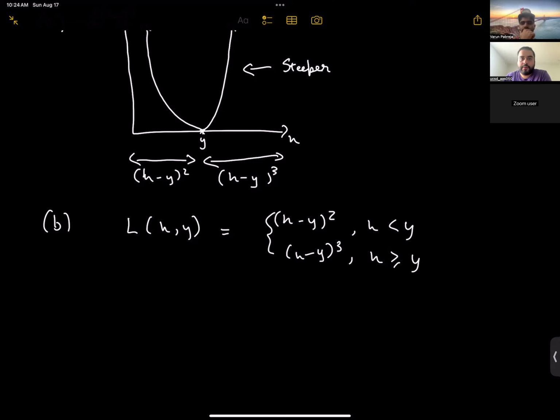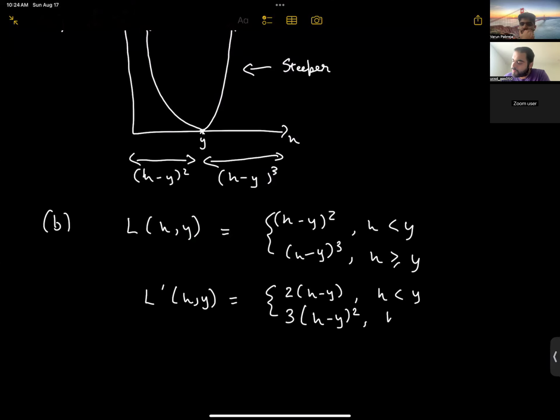If we take the derivative of each part of the function, the derivative of the loss becomes 2(h minus y) for h less than y and 3(h minus y) squared for h greater than or equal to y. That's just simple derivatives for both pieces of this function.